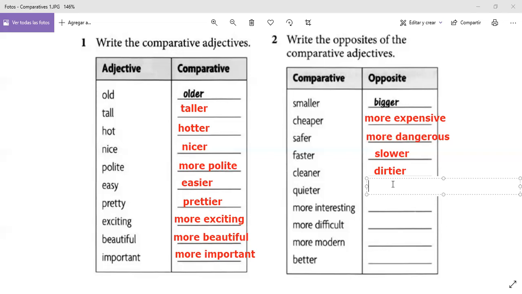It is more talkative. Okay, more talkative. You can say more talkative. What about more interesting?